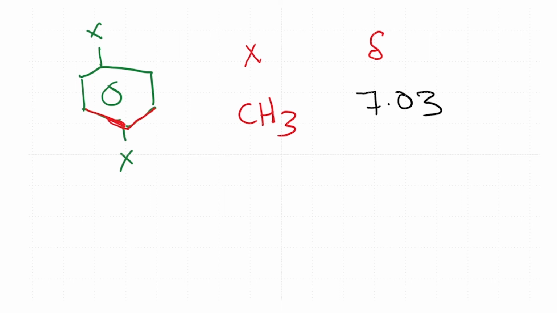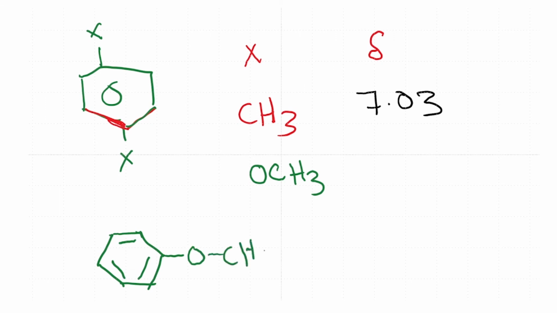The next example is OMe, that is OCH3. The methyl group itself is electron donating, but there is an electronegative atom right next to it. So what we would expect is that the oxygen is going to dominate. But oxygen is very interesting, because it has a lone pair.